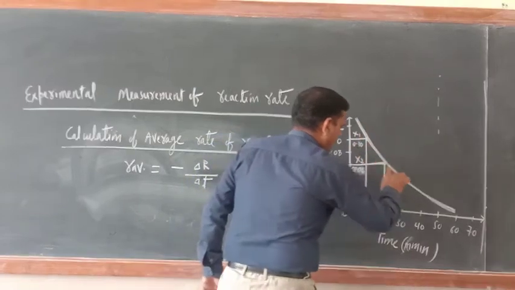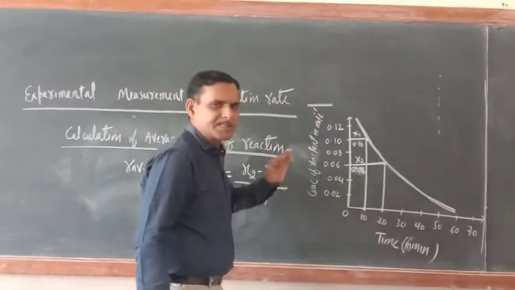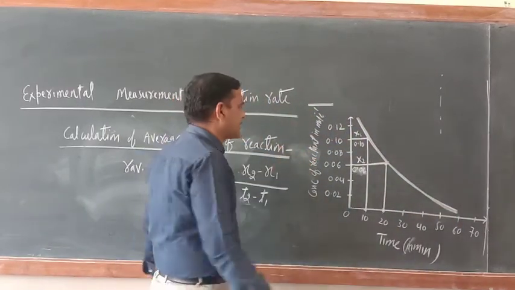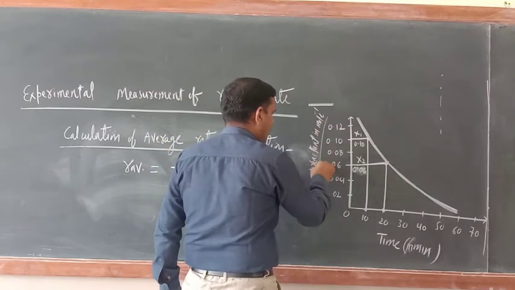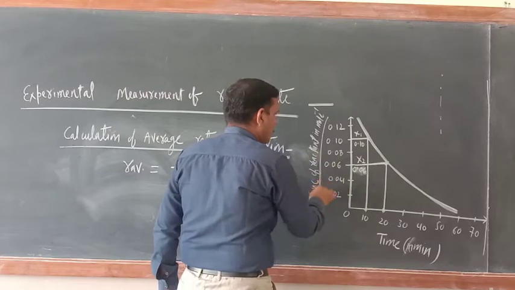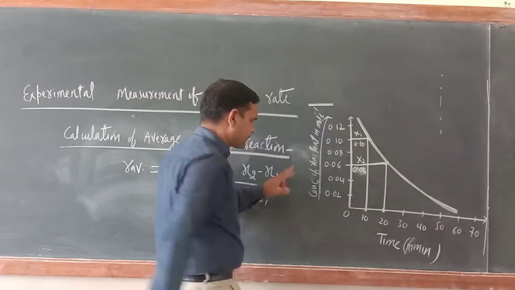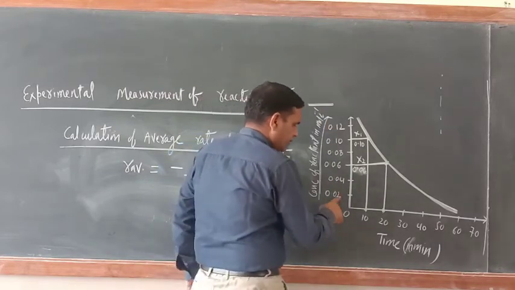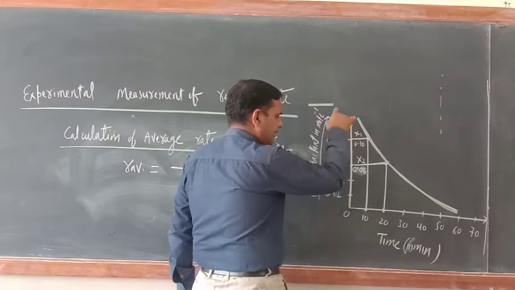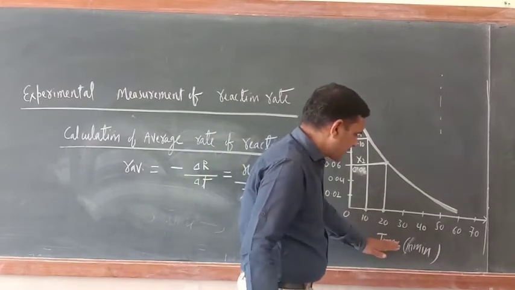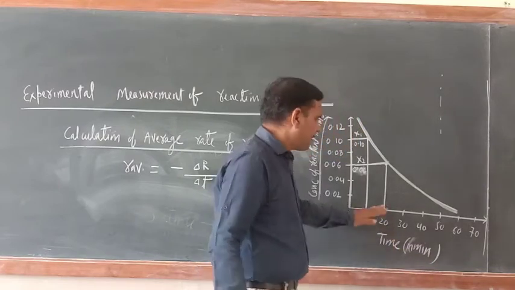So this graph represents the decreased concentration of reactant. This is the concentration of reactant in mole per liter, this is 0, this is 0.02 mole per liter. On this side we have taken time in minutes.